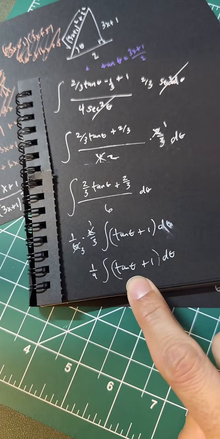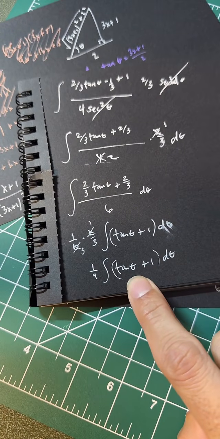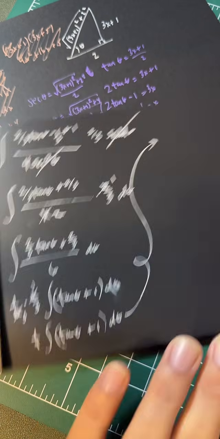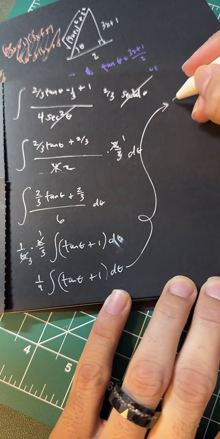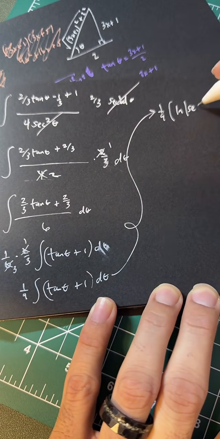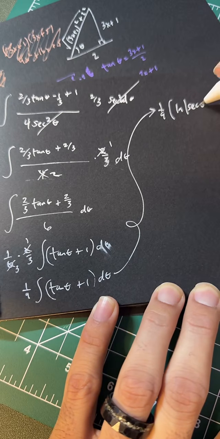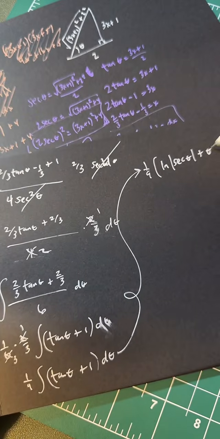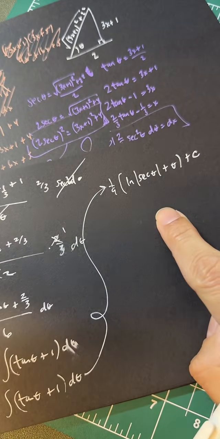Guys, do we know the integral of tan theta? I hope we do. The integral of tan theta is the natural log of the absolute value of secant theta. Plus the integral of 1, which is theta, plus our C.